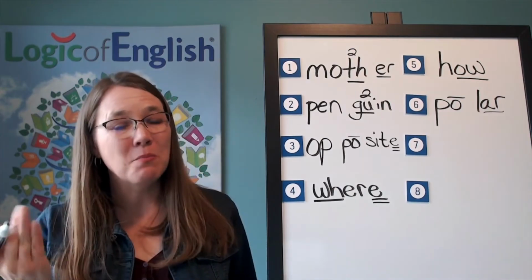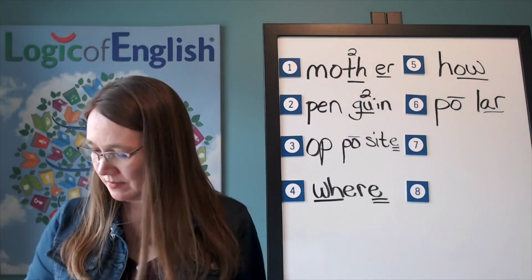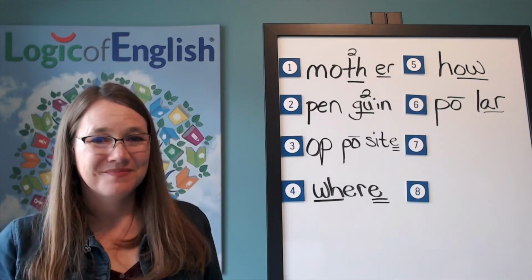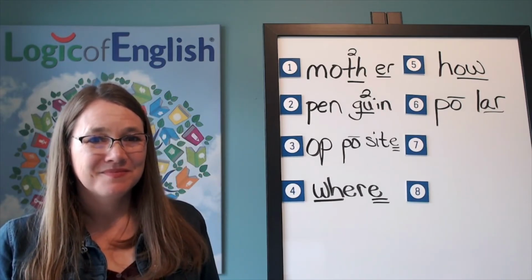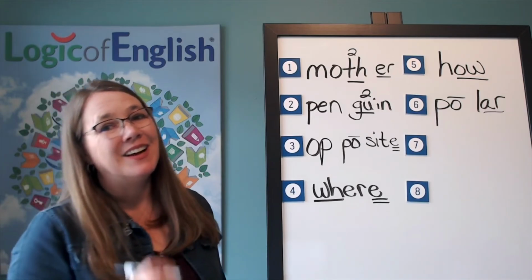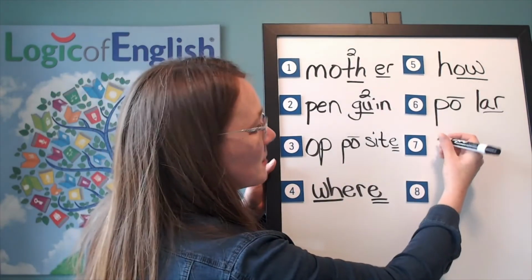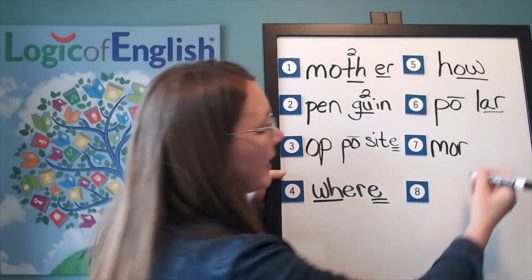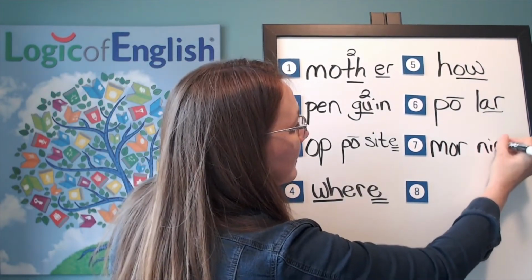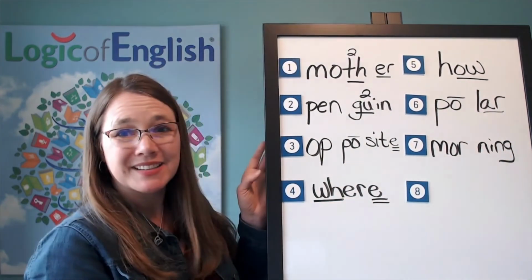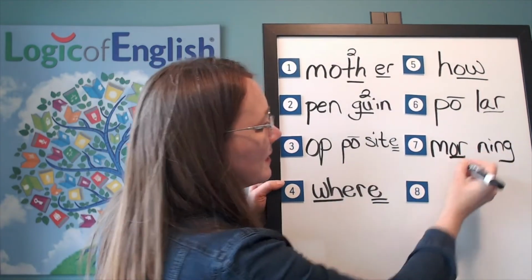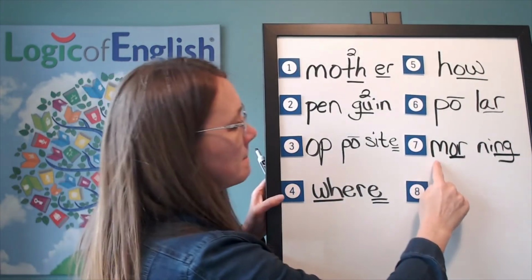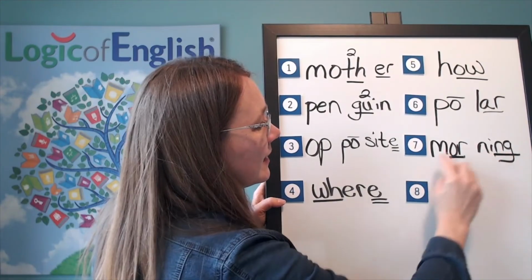Go ahead and write morning. Very, very good. All right, help me to write it. The first syllable is more. Or. The second syllable is ning. N-i-ng. How will we mark it? We'll underline the or, and we'll underline the ng. Let's read it. Or, n-i-ng. Morning.